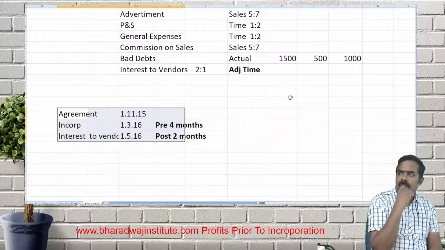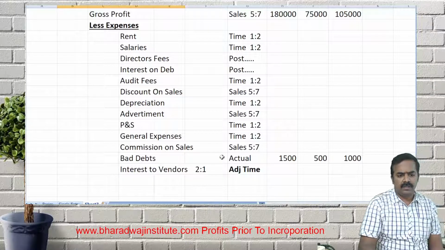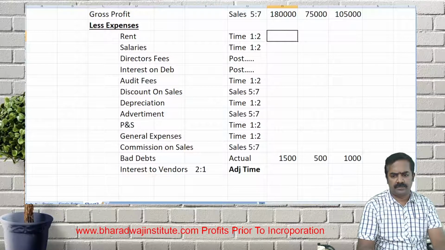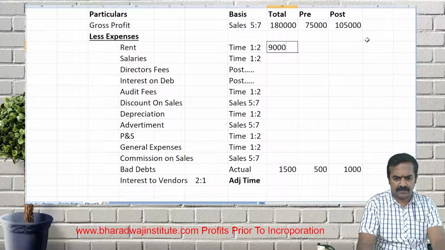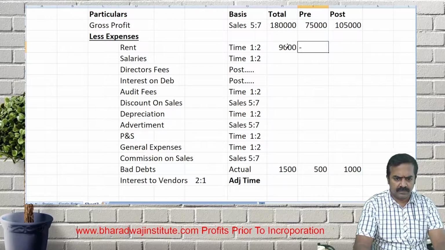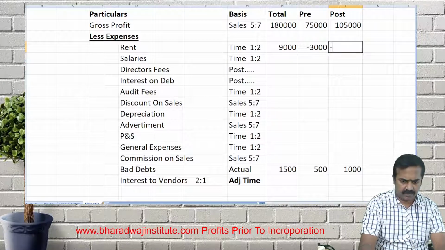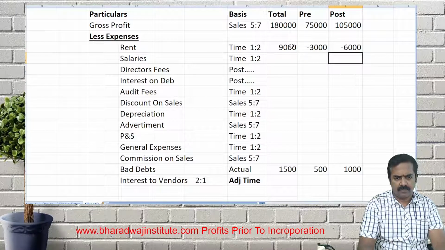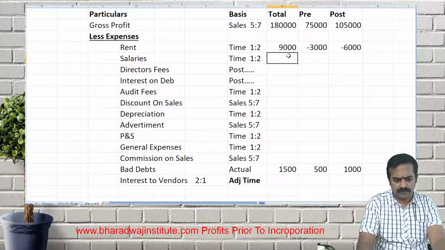Done? Okay. Tell me the rent amount, total 9,000. 9,000 and the ratio, let's split. This into 1/3: 3,000, 6,000 sir. Then what else is there?